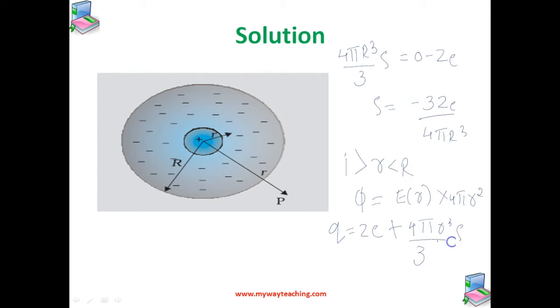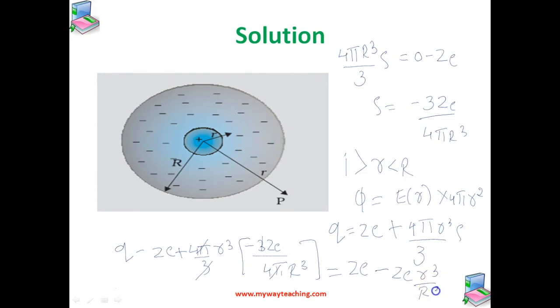That is, q equals Ze plus 4 pi r cube by 3 times rho. Substituting for the charge density rho the value we calculated earlier, and simplifying, we get Ze minus Ze r cube by R cube.